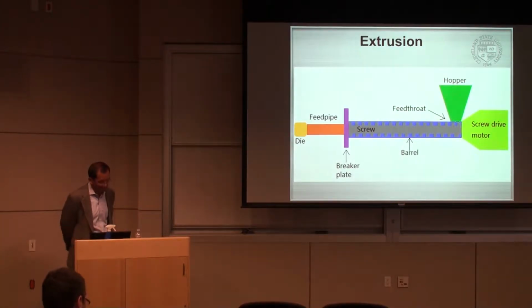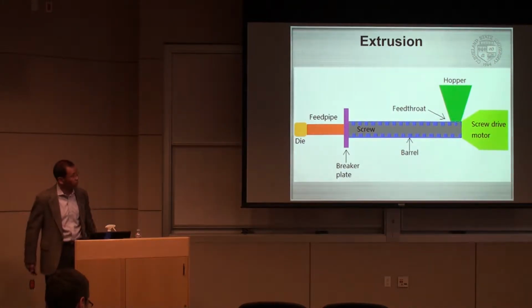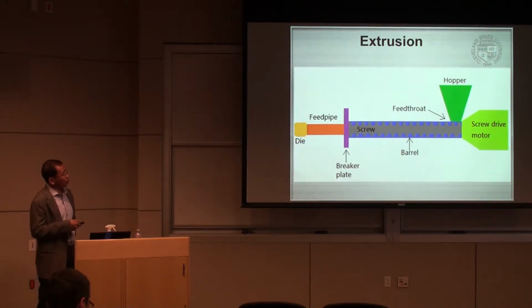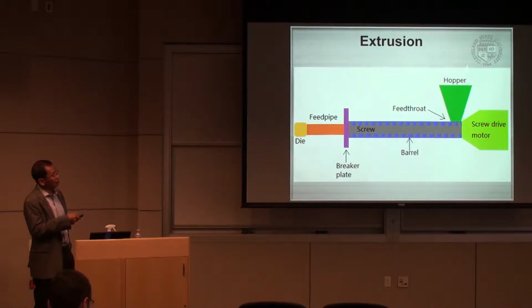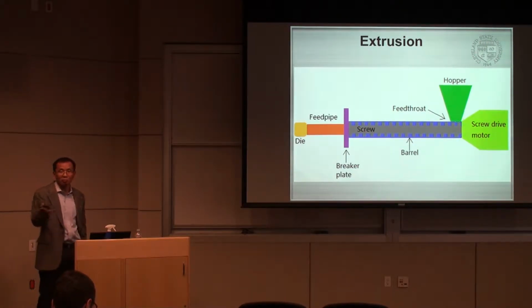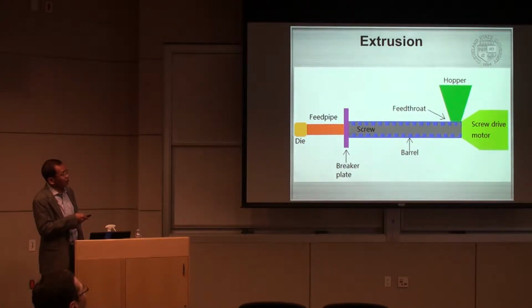So let me explain a little bit about this process. This is extrusion process. You add the plastic raw material in here. The string comes out of this system, right? And it is crucial in this barrel to control the temperature.